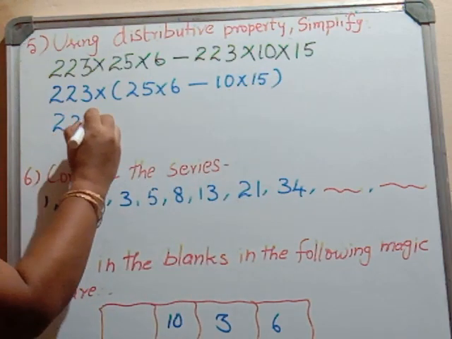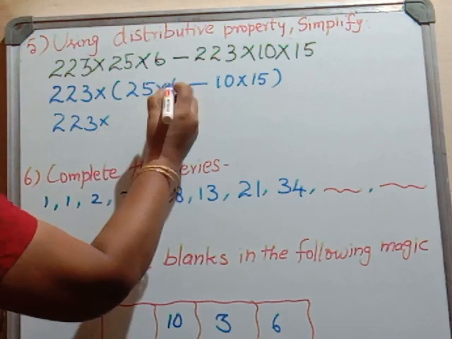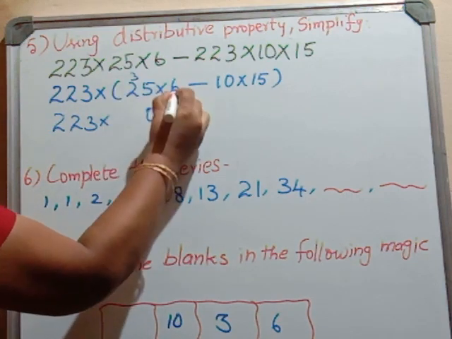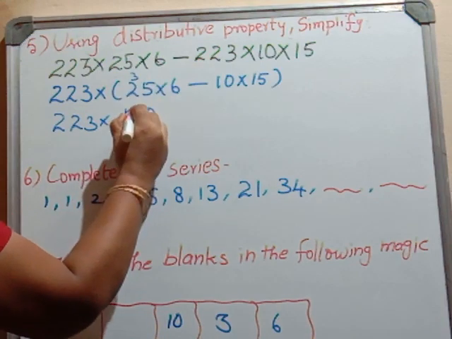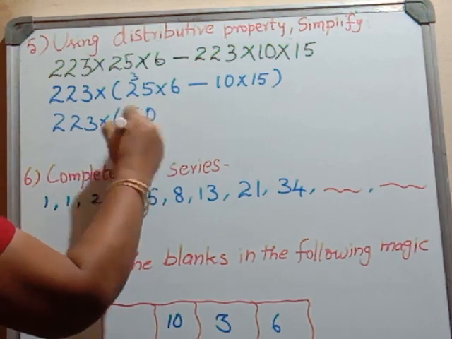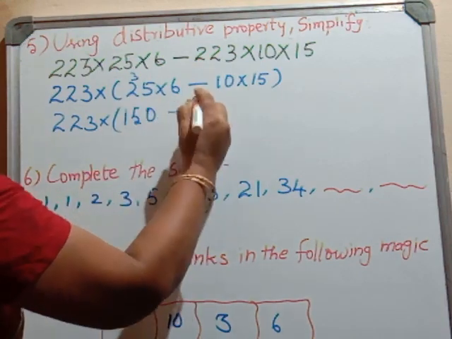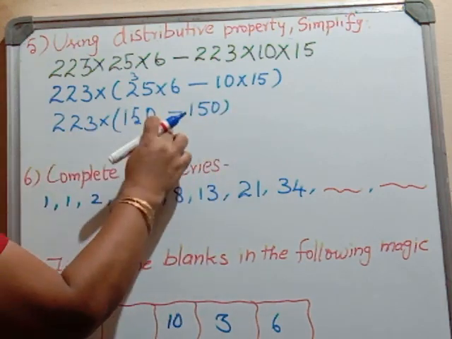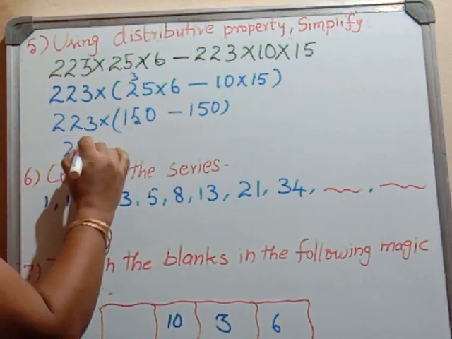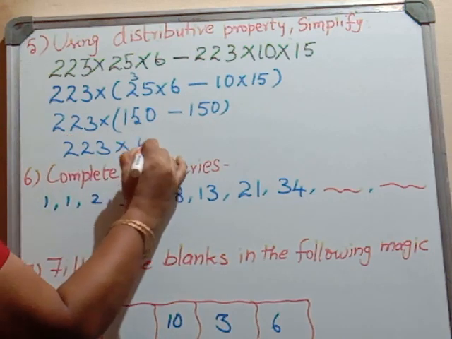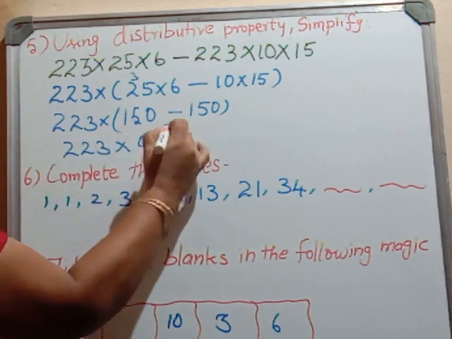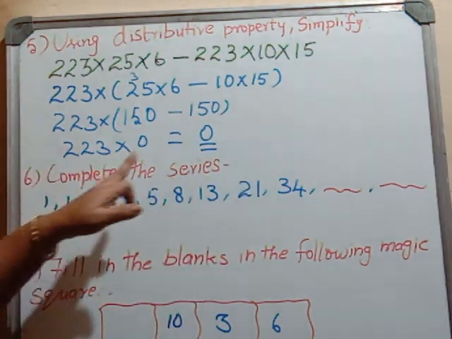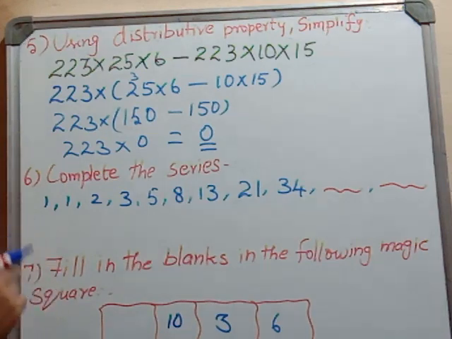Now 223 into, multiply this, 5 6s are 30, remainder 3, 2 6s are 12 plus 3, 15, 150 times. 10 5 15s are 150 times. Now 150 times minus 150 times, it will be 0. So 223 into 0, the answer is 0. When you are simplifying, you will get the answer 0.